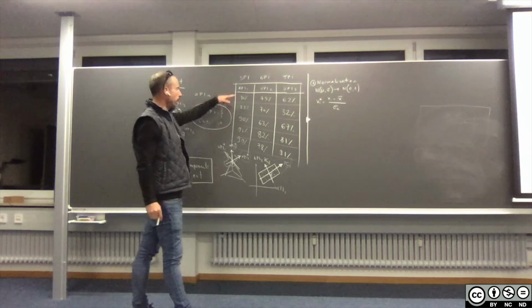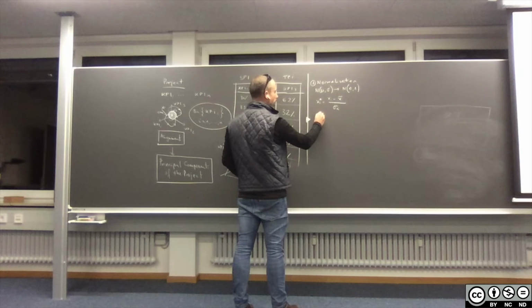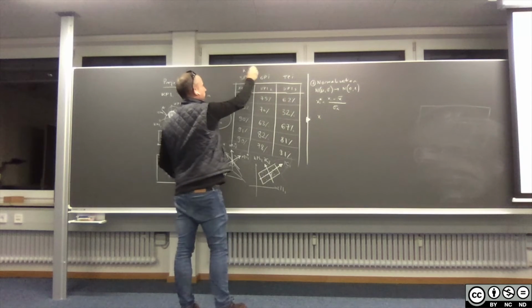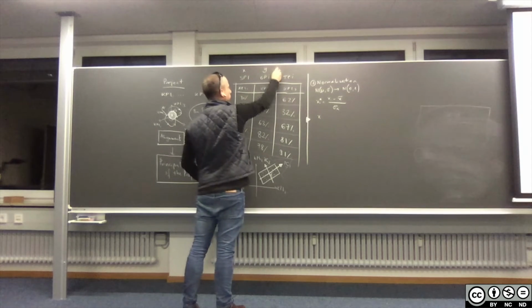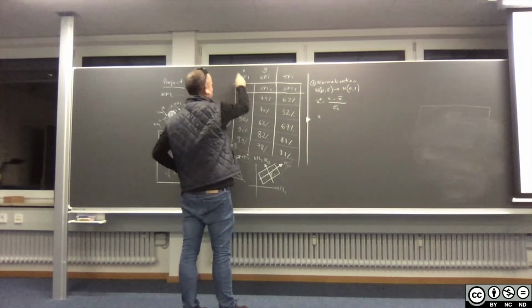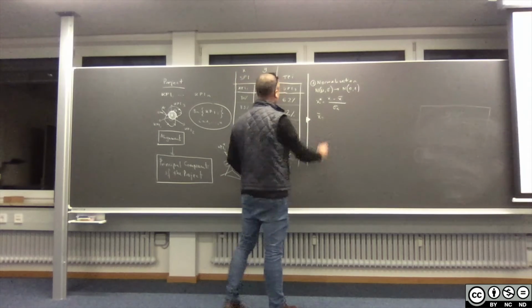So what is the mean value? Let's say x is our KPI 1. Let's say this is x, SPI, and this is y. The third one we don't take, okay? We're only going to take x and y. What is the mean value of x?